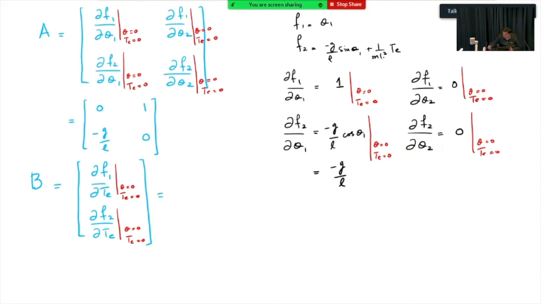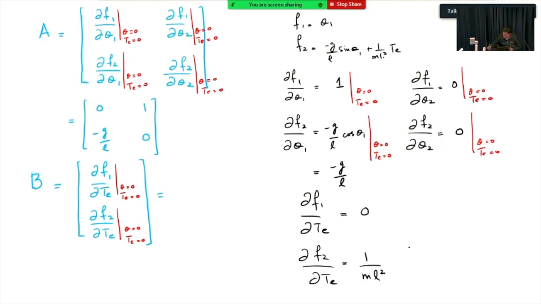So let's again do the exercise. What is curly f1 by curly Te, and what is curly f2? Perfect, this is 0, and this is 1 over ml squared.